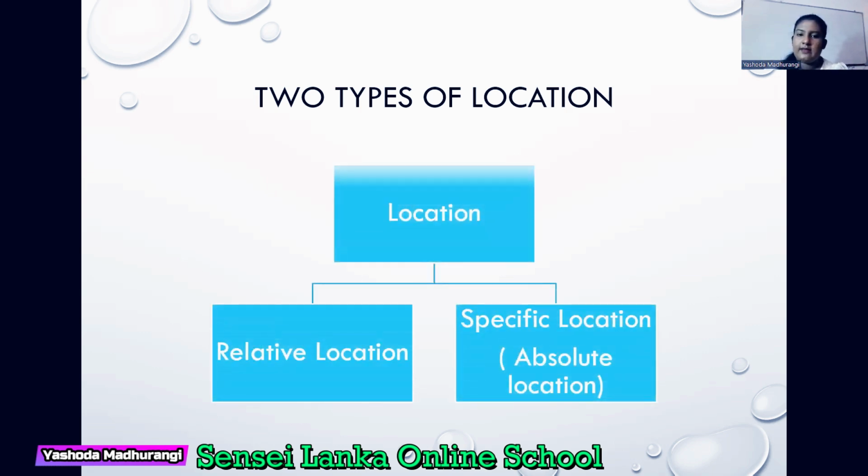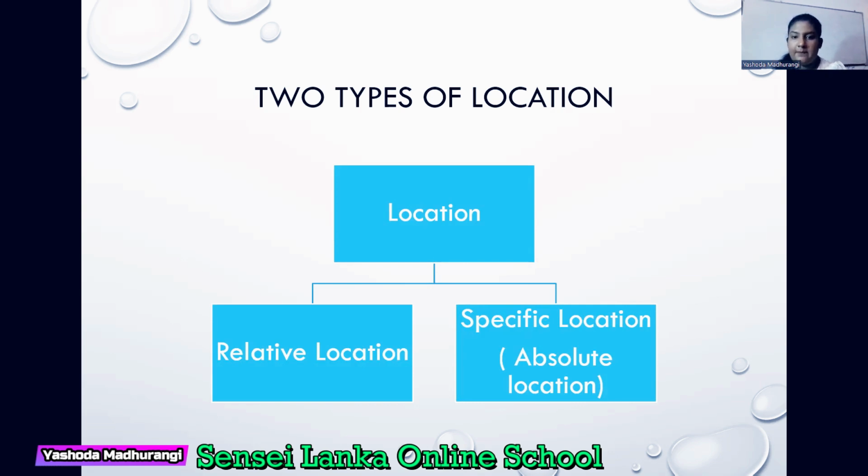What are the two? Look at this diagram. Relative location is one thing. Specific location is another thing. Specific location has another name. What is it? Absolute location. Specific location is similar to absolute location.